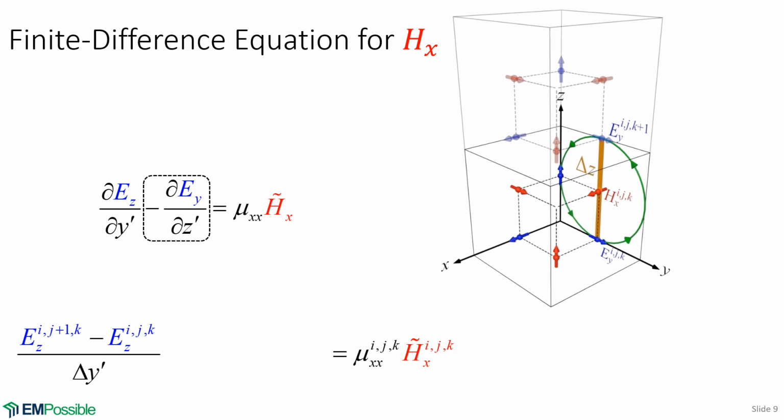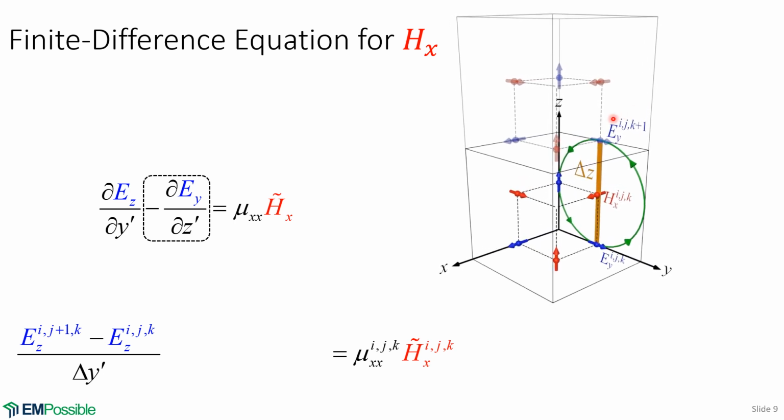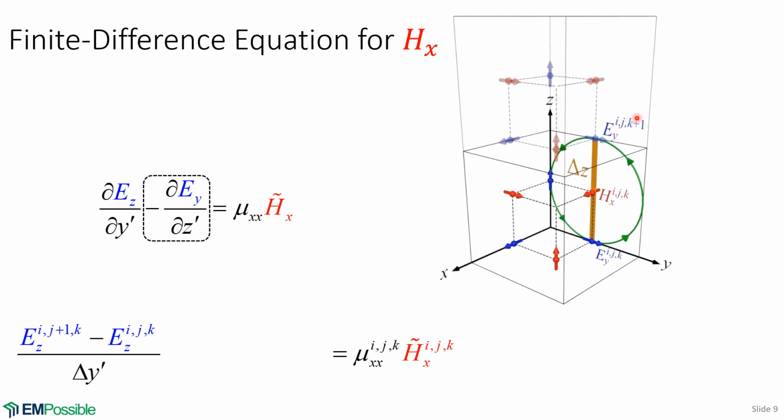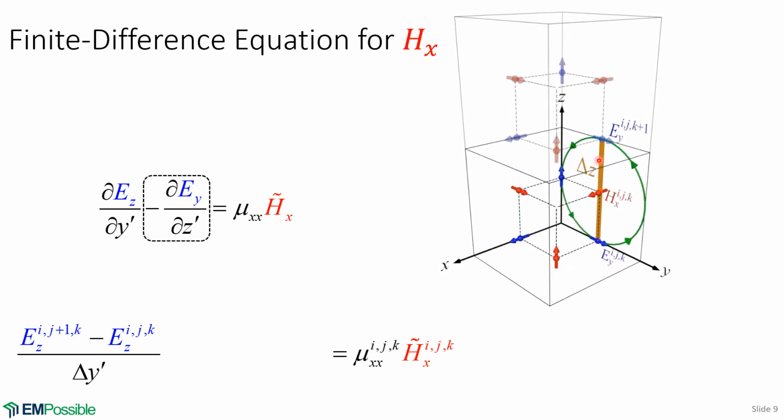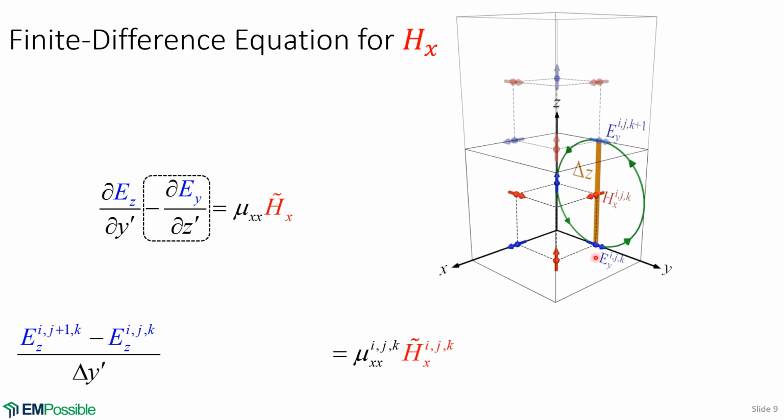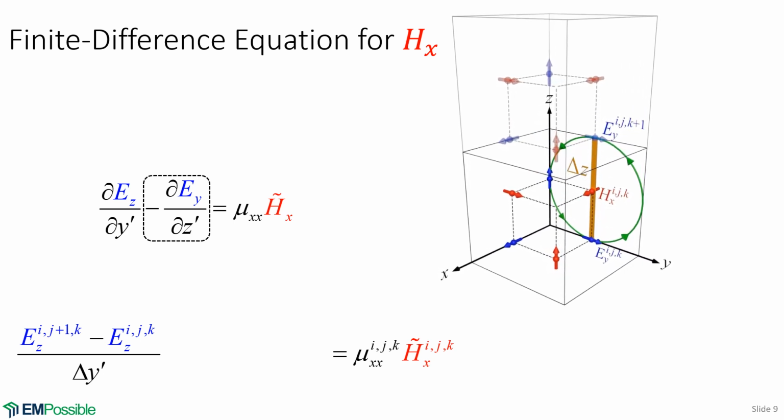So our finite difference approximation would read the electric field EY from the next cell up minus EY from the same cell divided by the spacing between them, which is delta z.